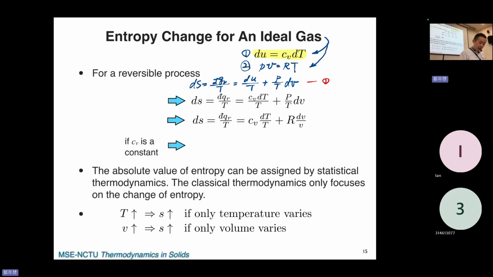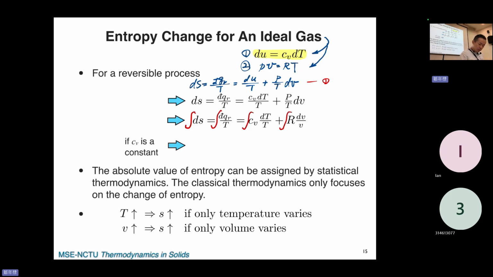Okay. And then what we want to see is the delta S, right? So we do integration. What will we do? If Cv is a constant, we can take Cv out of the integration symbol.